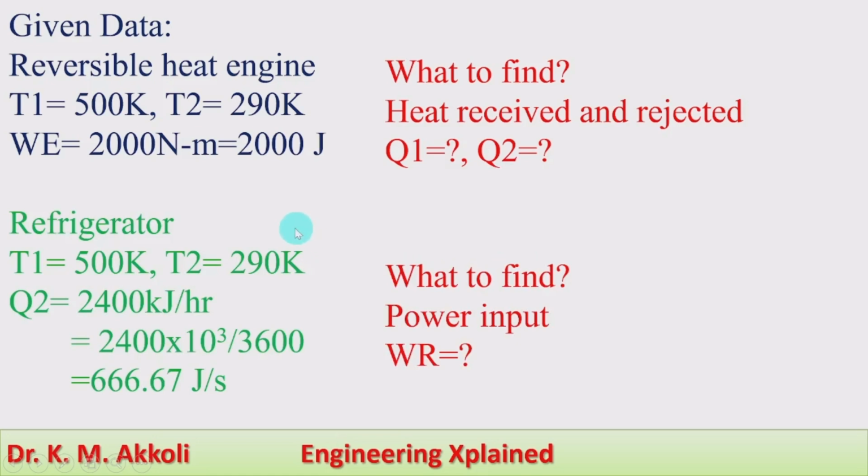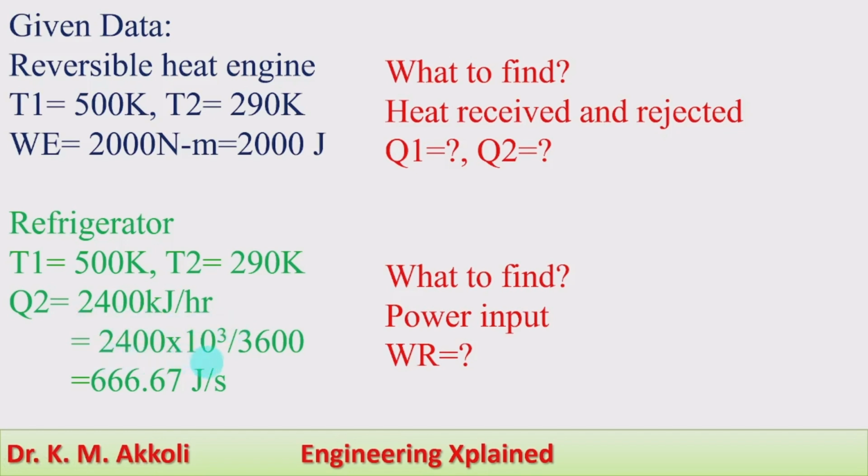If the engine is operating as the refrigerator between the same two temperatures, the given data are high temperature reservoir temperature T1 equal to 500 Kelvin, low temperature reservoir temperature T2 equal to 290 Kelvin. The heat extracted from the 290 Kelvin reservoir, that is the low temperature reservoir, is 2400 kilojoule per hour.